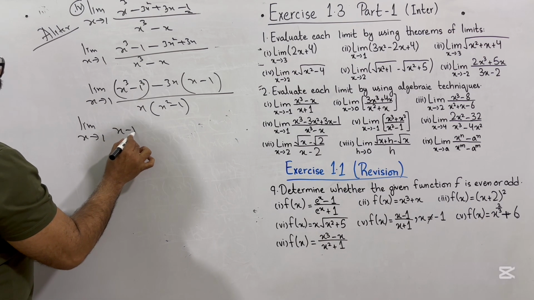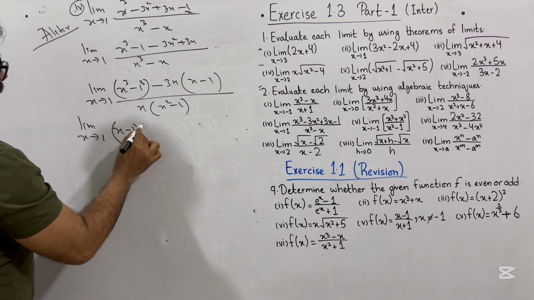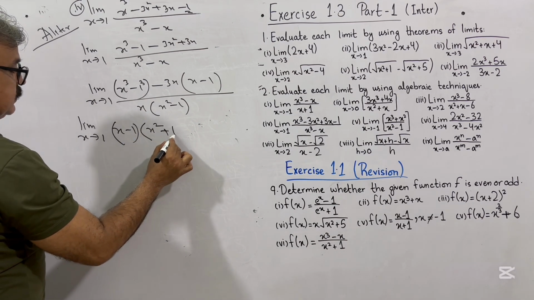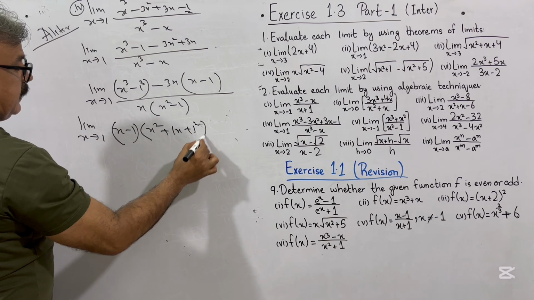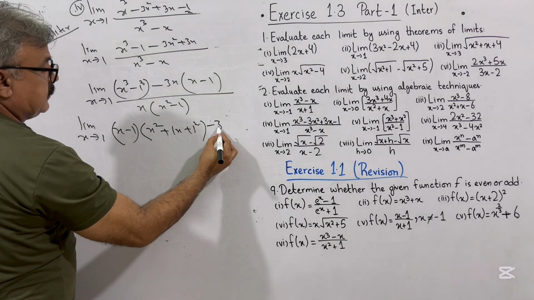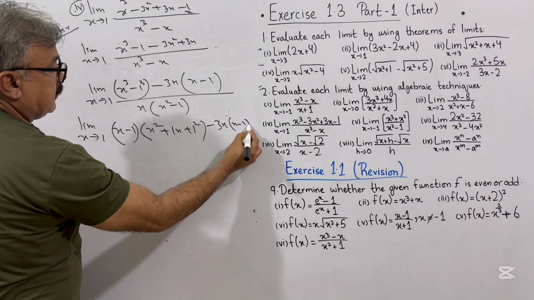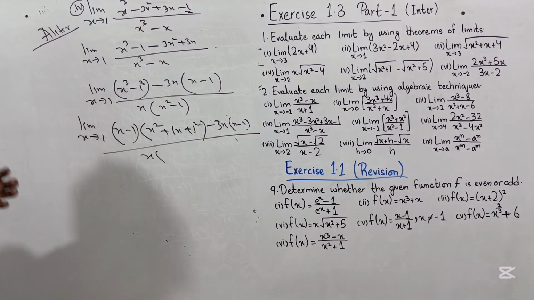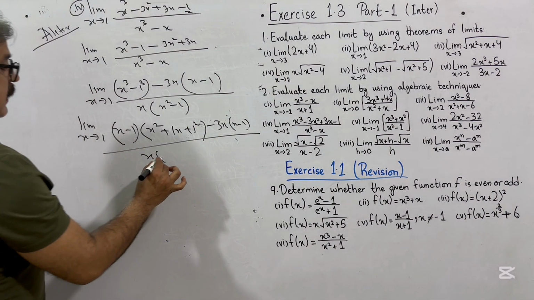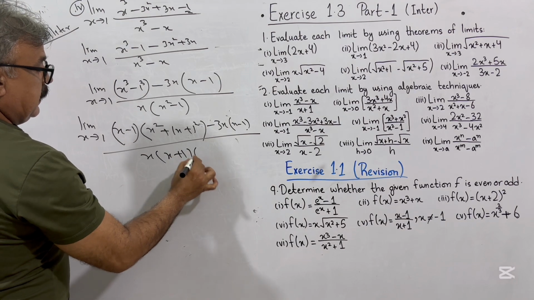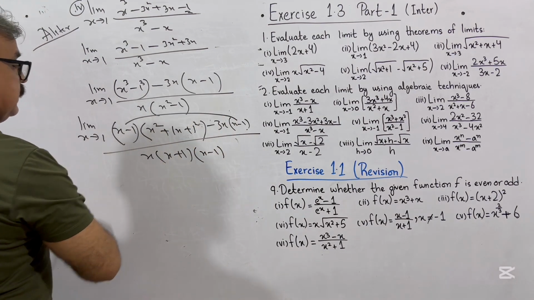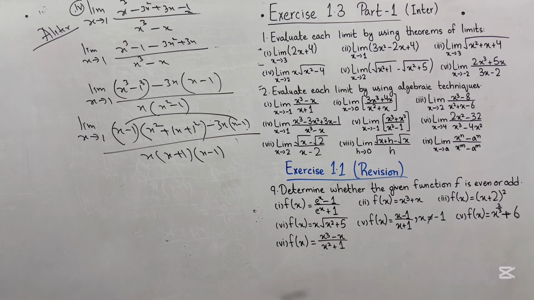We have first bracket without cube, x minus 1, square of first, change symbol, first into second, square of second. This one remains the same, minus 3x times x minus 1, overall x. Still we can split this one, factorize by difference of 2 squares, x plus 1 as well as x minus 1. Look at this, x minus 1 is overall common. This x minus 1 is overall common.